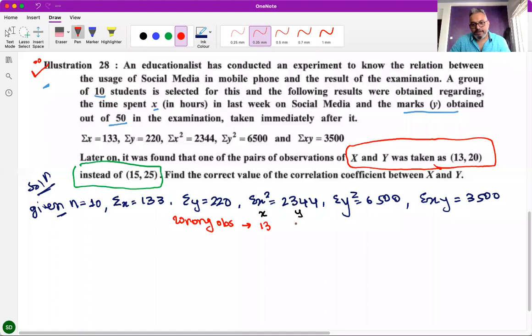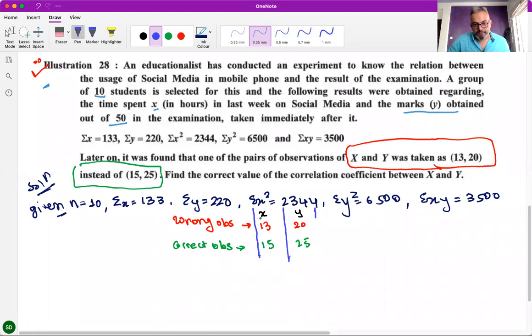In the x variables, 13 was wrongly taken, and in the y, 20 was wrongly taken. Correct observation was 15 and 25. Now, why I have written this over here, let me put them in a table.